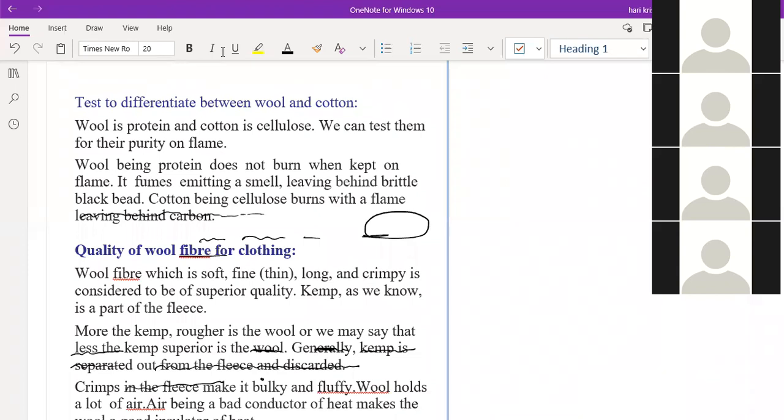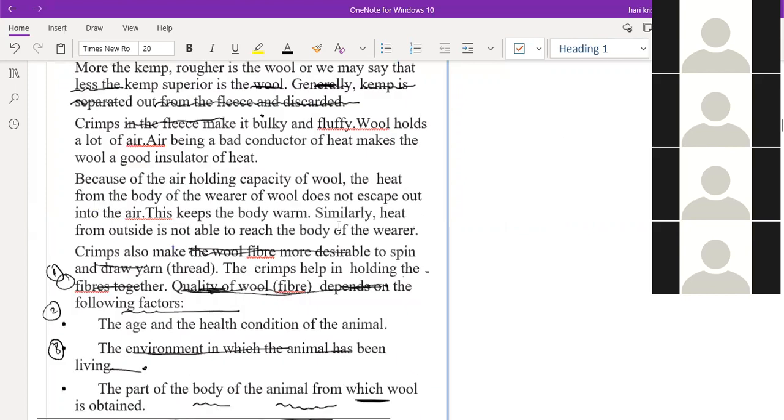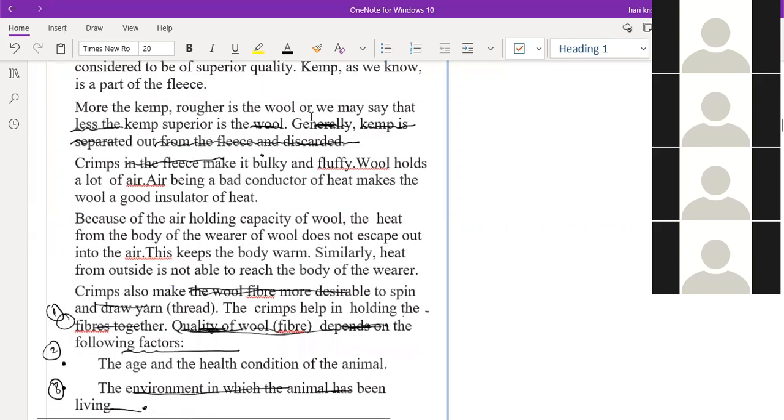How can you differentiate? There should be a proper method.